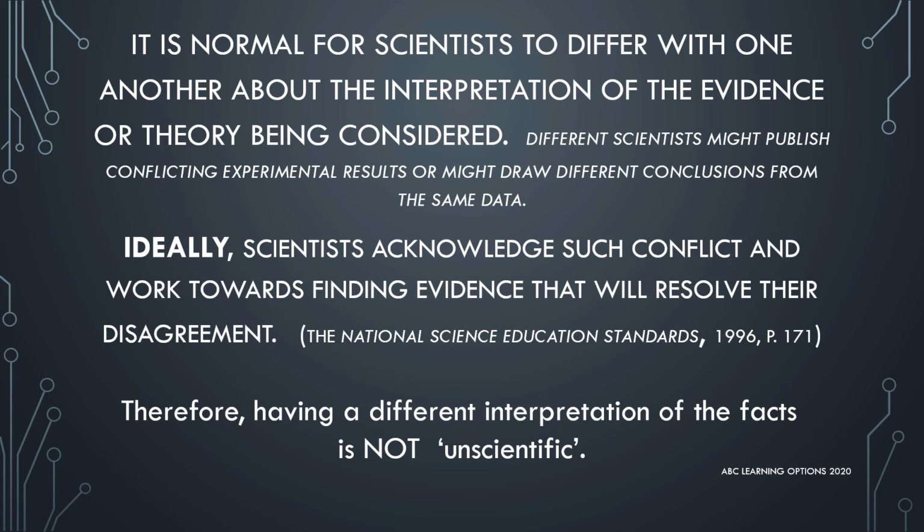Ideally, scientists should acknowledge such conflict and work toward finding evidence that will resolve their disagreement. This is a quote from the National Science Education Standards document of 1996. There it is if you want to look it up. So therefore, having a different interpretation of the facts is of itself not making those facts unscientific.